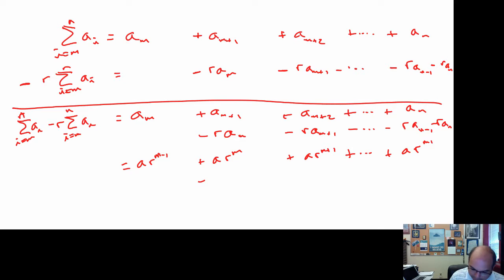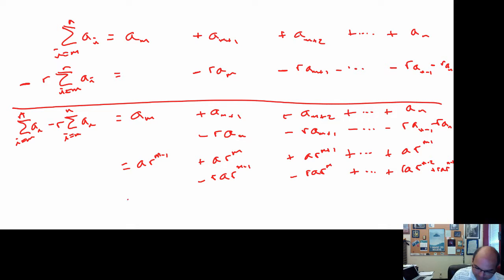What I'm subtracting is r times a times r to the m minus 1, minus r times a times r to the m, and dot dot dot, r times a times r to the n minus 2, and r times a times r to the n minus 1.